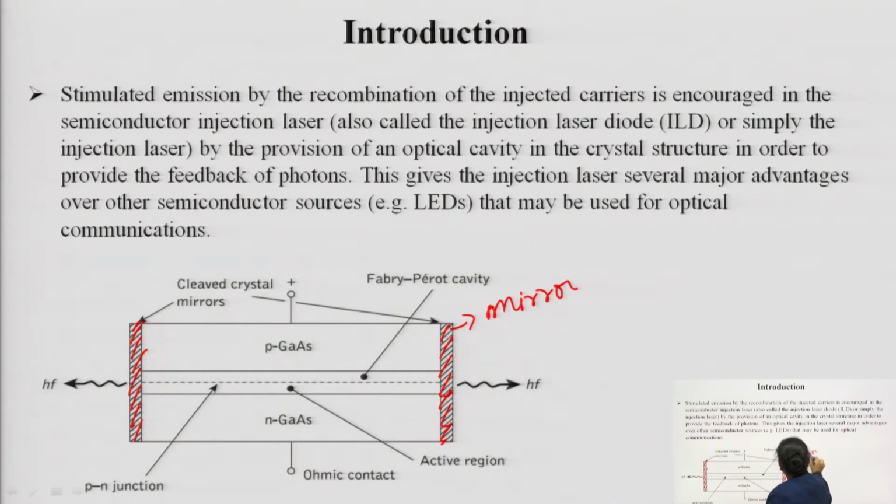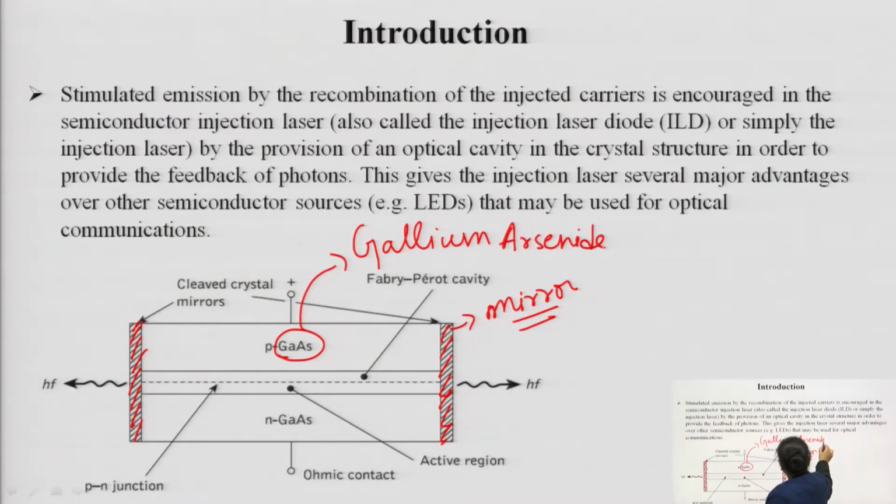The mirror is attached at the end of the cavity. It is called a semiconductor laser because GaAs, gallium arsenide, is our semiconductor, and you already know that this is a direct band gap semiconductor. Similarly, there is a p type, n type, and there exists a junction.